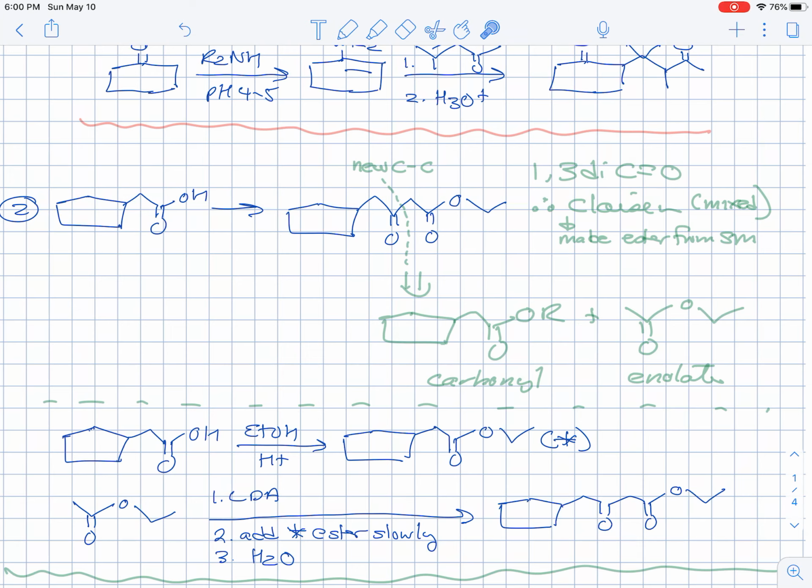And then, since when you do these directed Claisen or aldols, you have to add the compound whose carbonyl you want to react to the enolate, we kind of have to do a second phase here. So we take the ester that we want to make the enolate of, we use LDA to make the enolate, and then we add this ester, which I didn't feel like rewriting, slowly, and then finish it up by adding water.